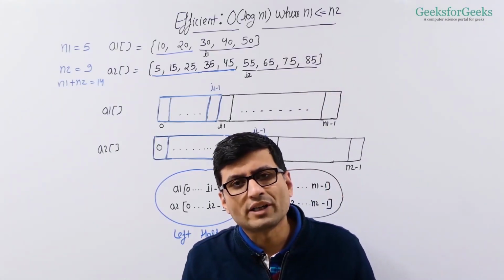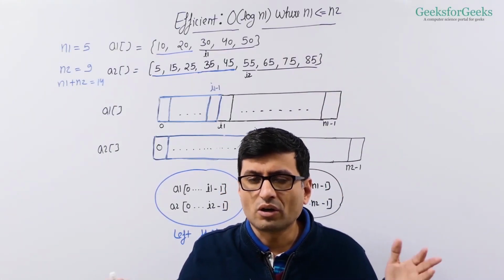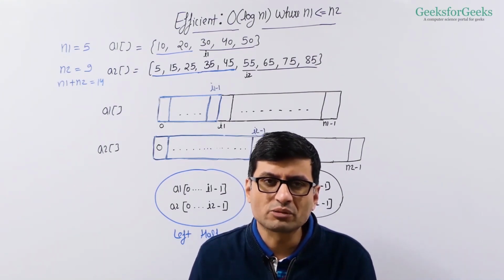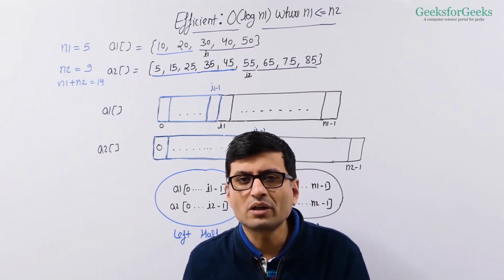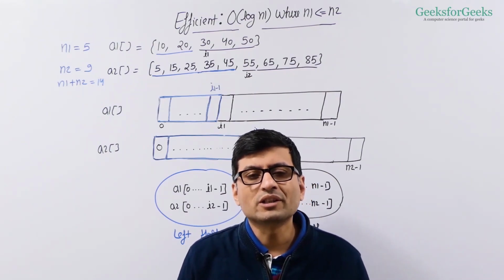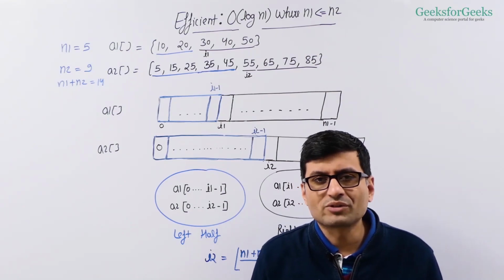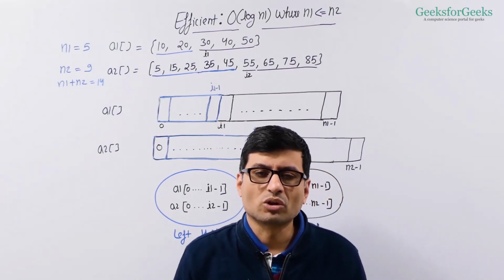Now if the user provides the first array with a greater size, then you can always swap the pointers in C++ and swap the references in Java and make sure that a1 is smaller. But in the explanation going forward, we are always going to assume that a1 is the smaller size.